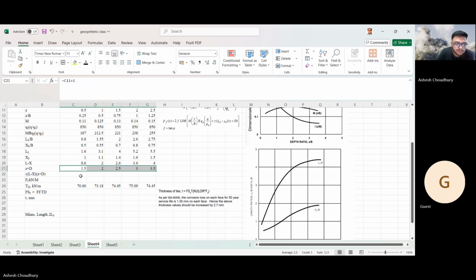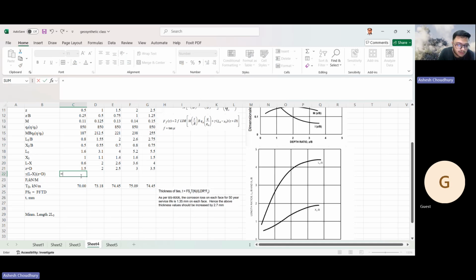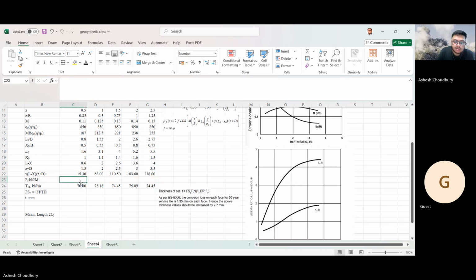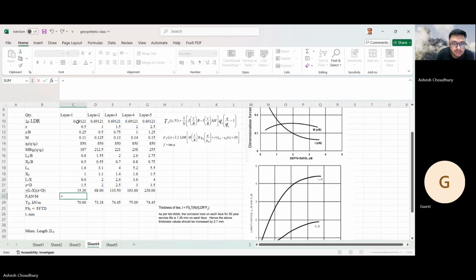Things are the same. Gamma is 17, so 17 times L naught minus X naught times Z plus D. Therefore, I get FF equal to this times this plus this. So my FS becomes FF.